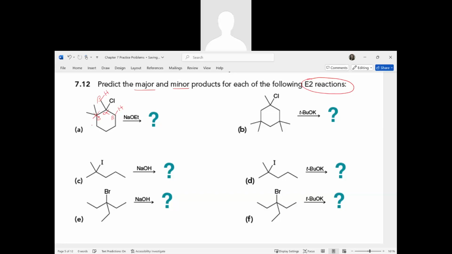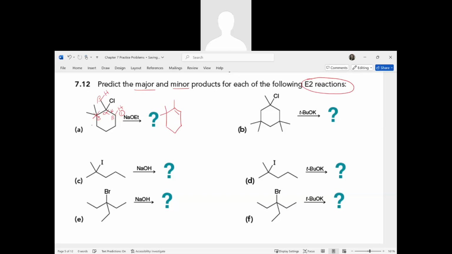This site we will ignore for our discussion of the products that would form. If we were to remove what we will call proton 1 here, we would have an elimination that occurs and a double bond formed right here where that arrow is. This would be our major product, which would be a Zaitsev product.